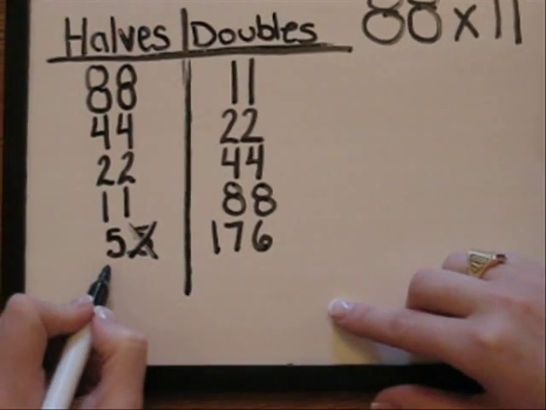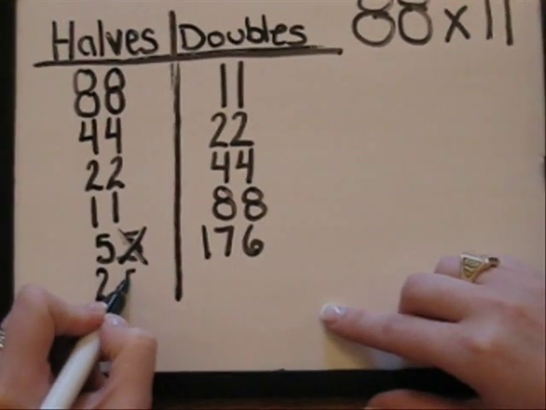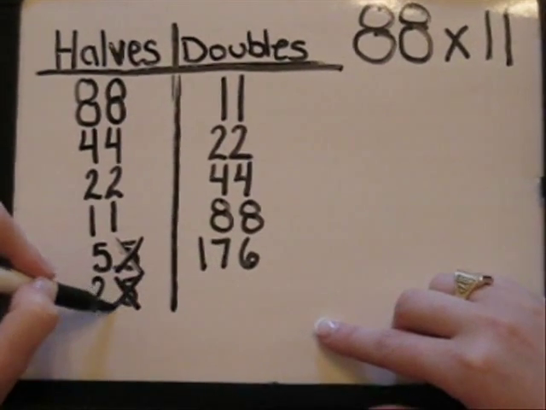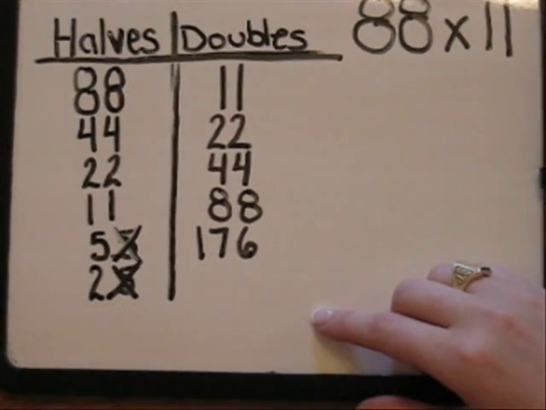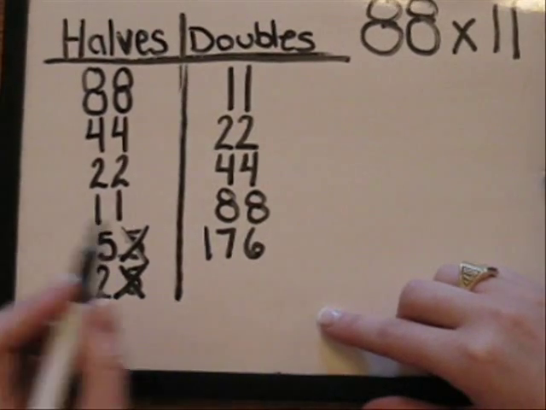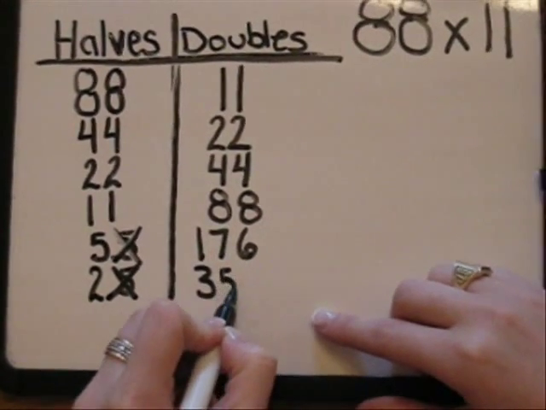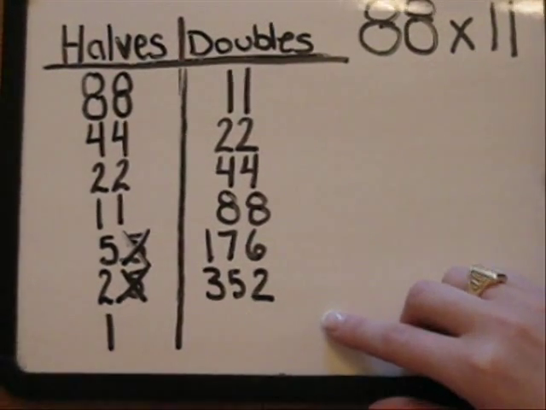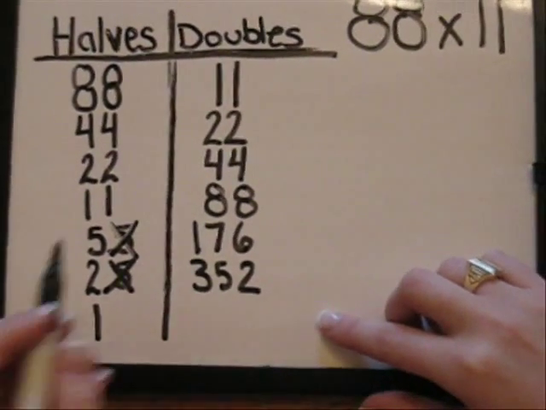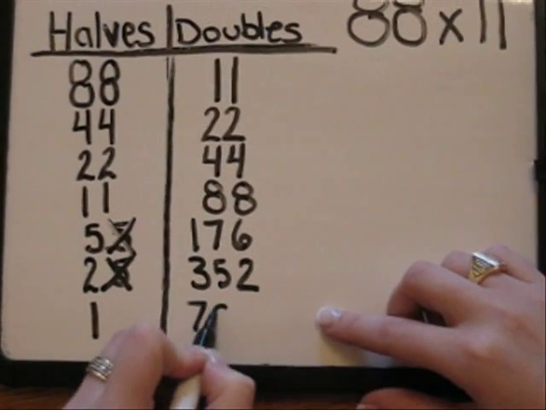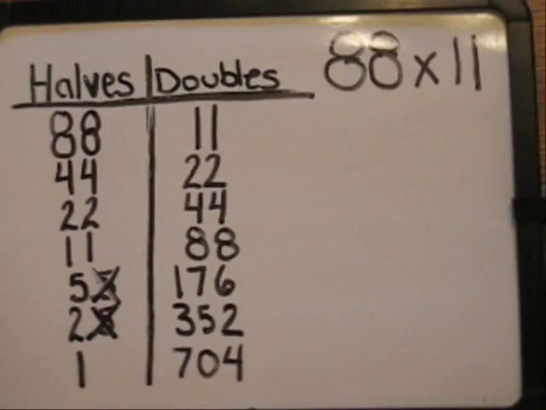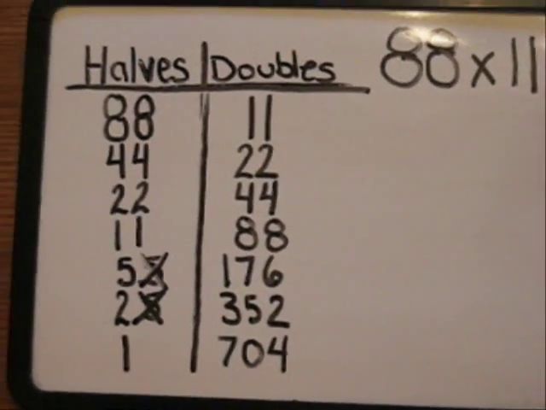Half of 5 is 2.5, and again crossing out the remainders, and double of 176 is 352, and finally down to 1, and I have to double 352 to give me 704.